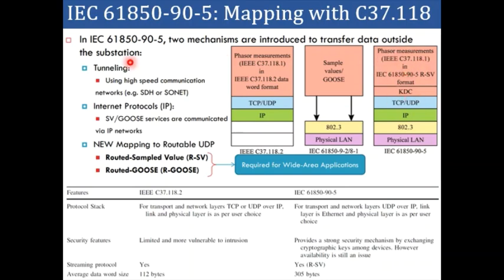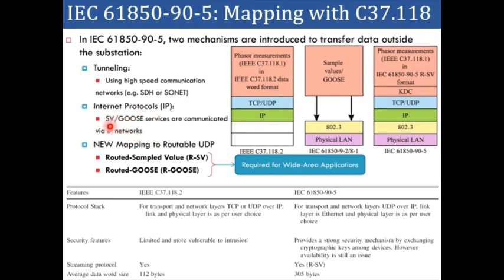So for that, what we have to do? We have to do tunneling. That means we will use high speed communication networks such as synchronous digital hierarchy or SONET, that is synchronous optical network, and then we add the internet protocol layer so that the GOOSE can be routed. So in that case, the sampled measurement value as well as GOOSE services are communicated via IP network.